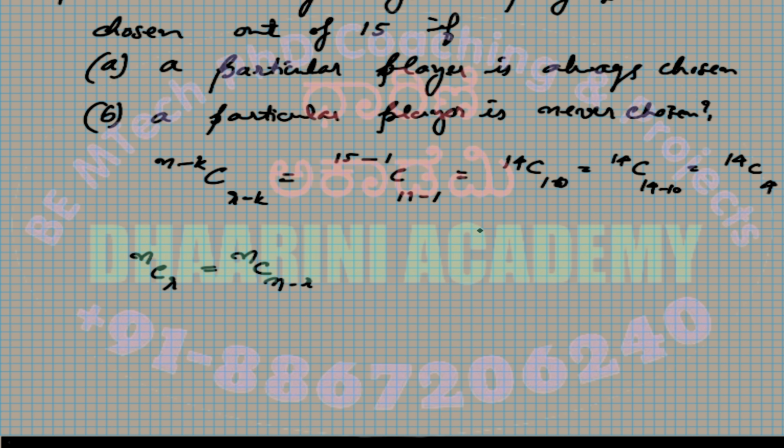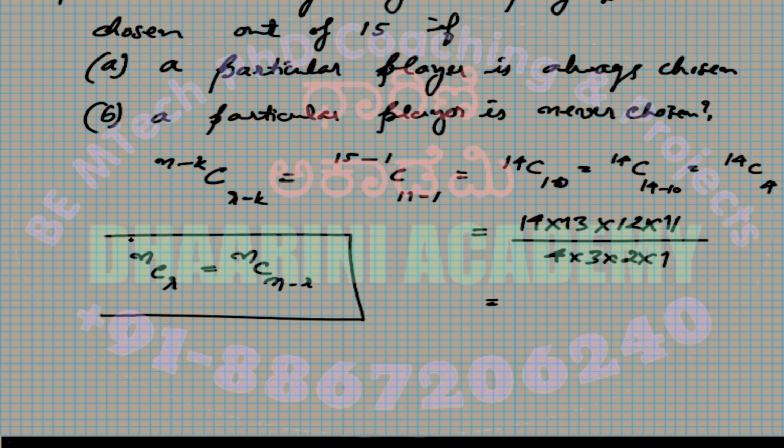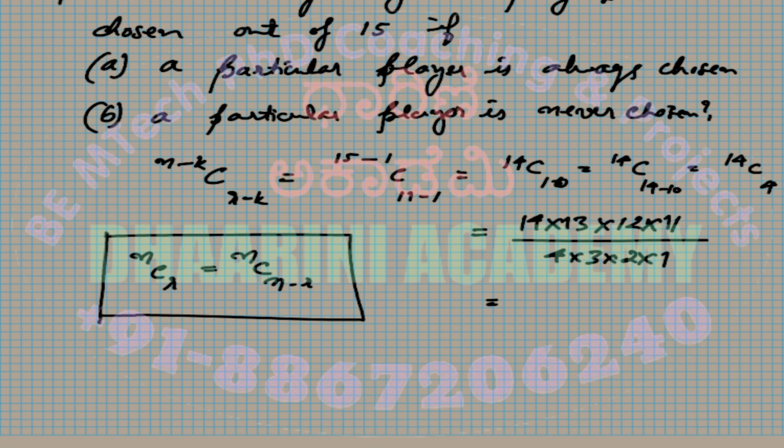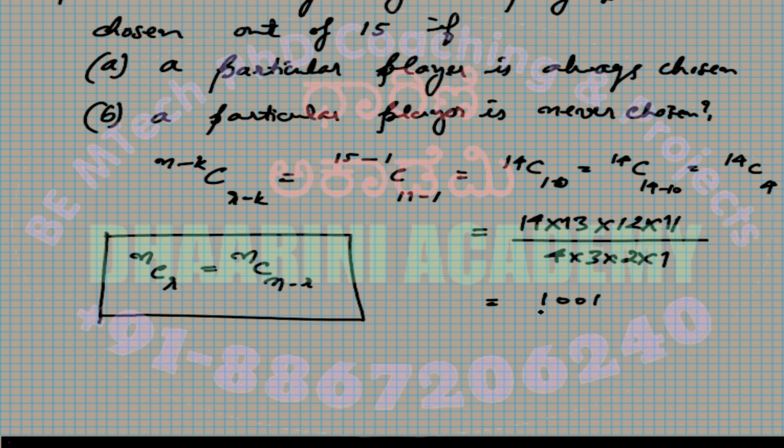Easy to calculate: four numbers starting from 14, so 14 into 13 into 12 into 11 divided by 4 factorial, that is 4 into 3 into 2 into 1. This is equal to 1001. That's the right answer. Now we go to part B of the question, where a particular player is never chosen. So this was the answer for A.